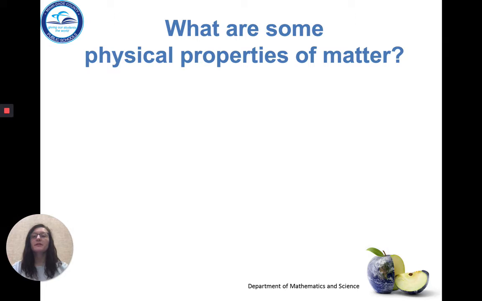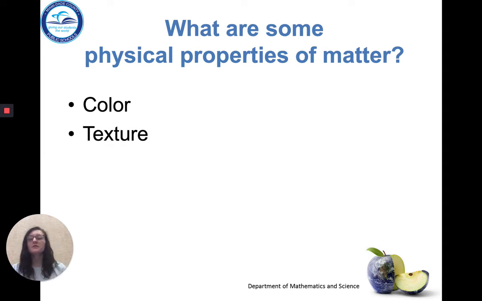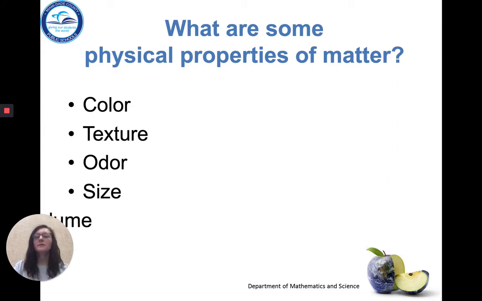All right, so what are some physical properties of matter? We're going to go through this list here. So color, the texture, so how does it feel? Does it feel rough? Does it feel soft? Does it feel squishy? Also, odor can be a physical property of matter. So the size, again, we talked about the volume of something.